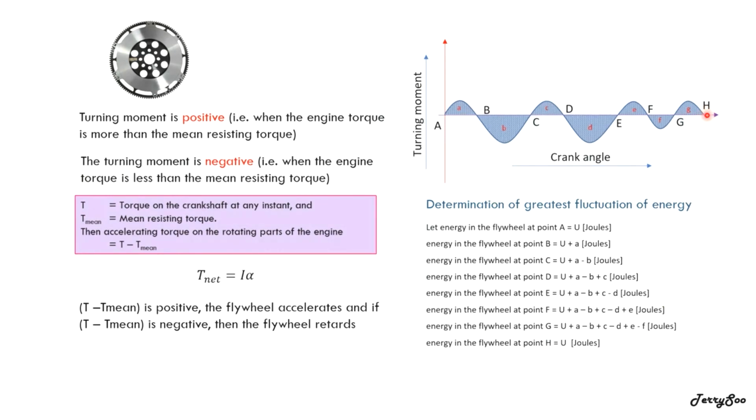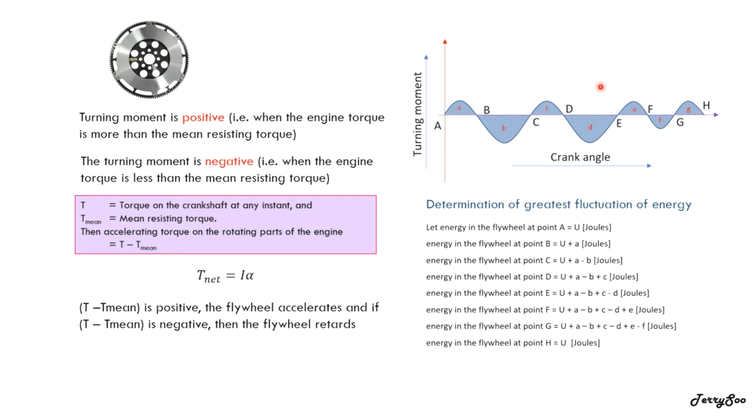So at the end of the diagram, usually it will show you the remainder energy in the flywheel, which is equal to the initial amount of energy in most cases.